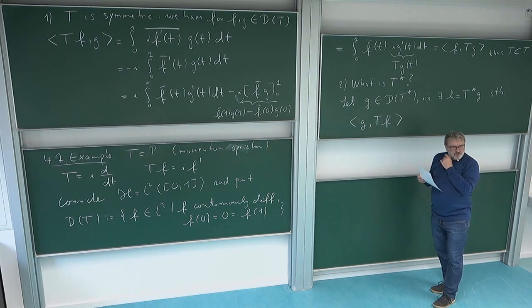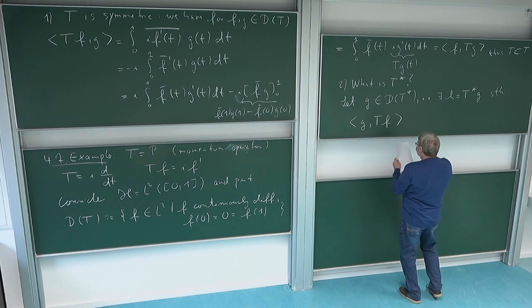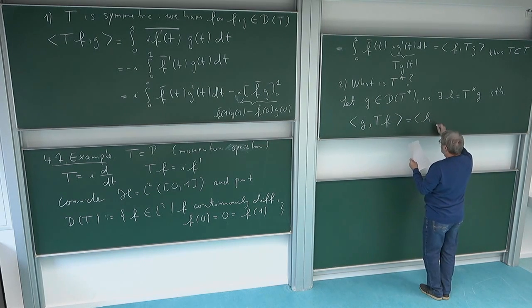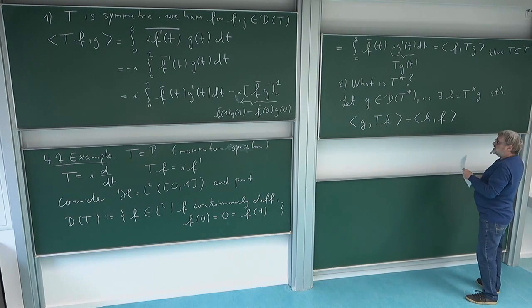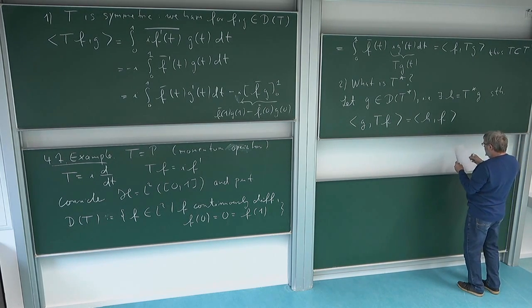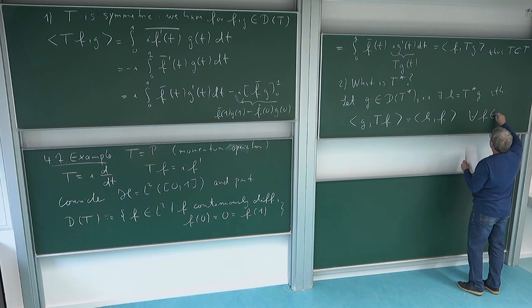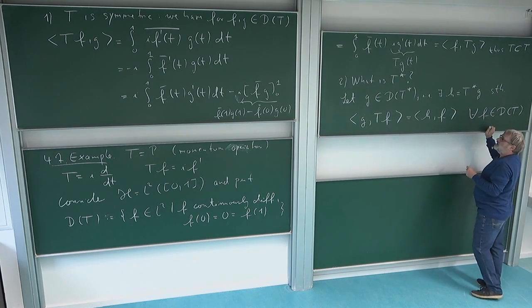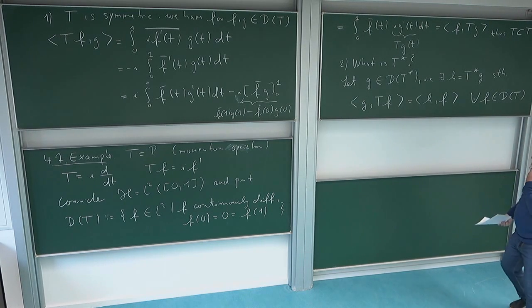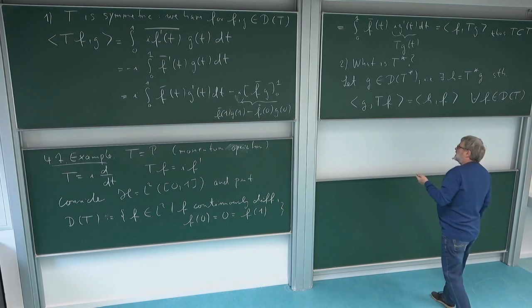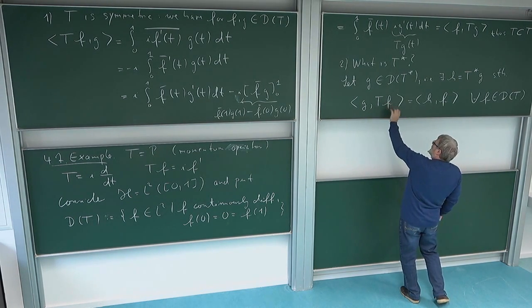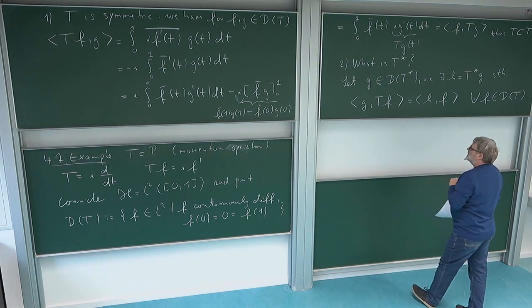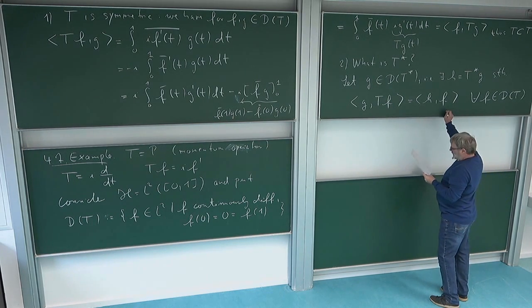So I must be able to write this as h, comma f, for all f where this makes sense, and this makes sense if f is in the domain of my operator T, for all f in the domain of T. So that was how we defined the adjoint of an operator. And maybe when I defined it, I wrote it the other way around. It doesn't matter, but maybe it's nicer to have things linear on this side in f. So it's the same.